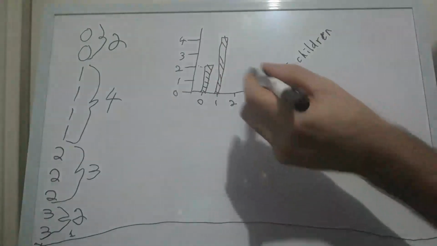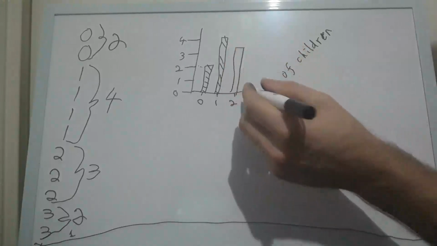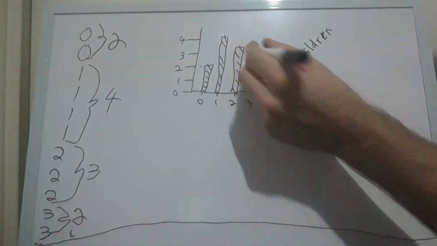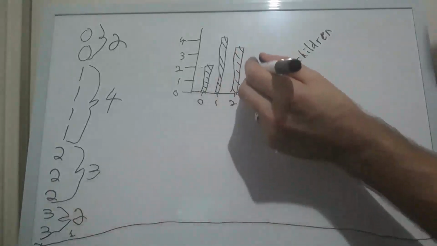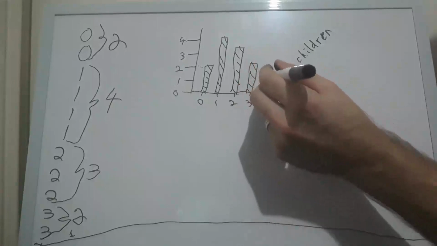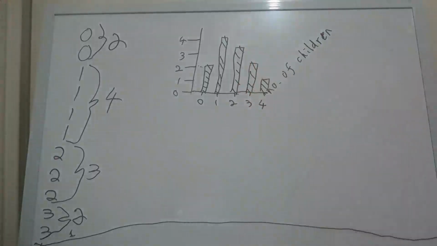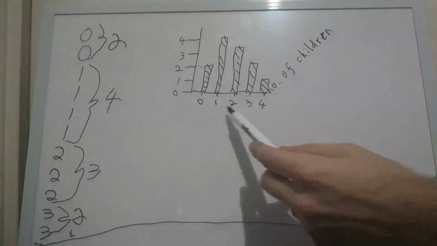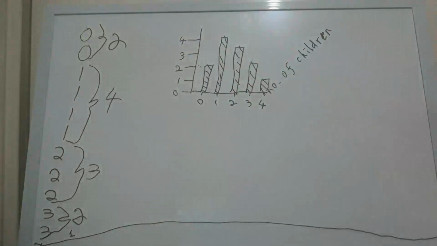And similarly, you have 3 families that have 2 children, and you have 2 families that have 3 children, and you have 1 family that has 4 children. Something like that. So again, number of children is along here, and this axis here is the number of families that have that number of children.